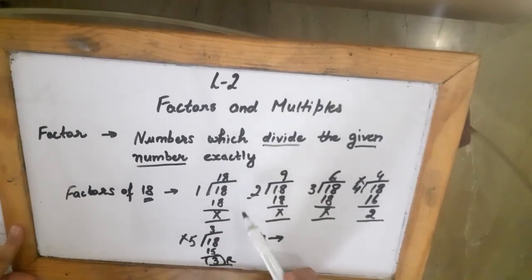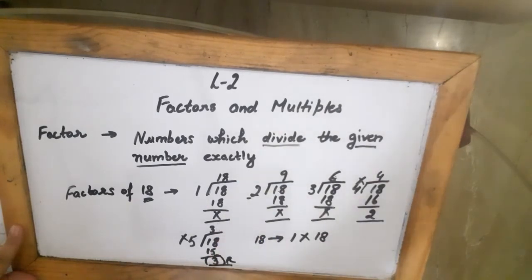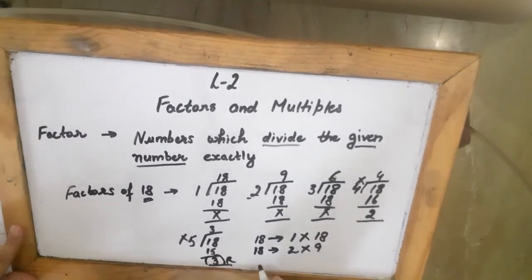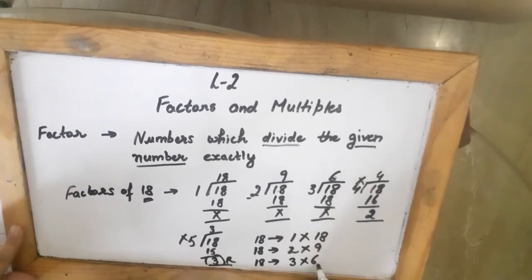So from this, what are the factors of 18? The numbers which divide 18 exactly, like 1 and 18. 1 18s are 18 and 18 ones are 18. Then 2 also divides 18 exactly. So 2 9s are 18, or 9 2s are 18. Then 3 6s are 18, or 6 3s are 18.